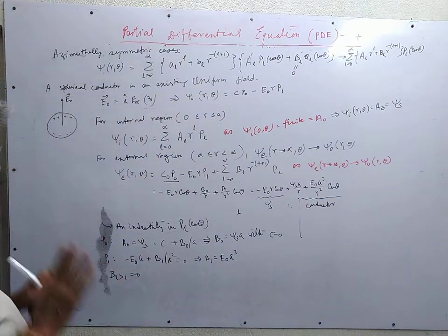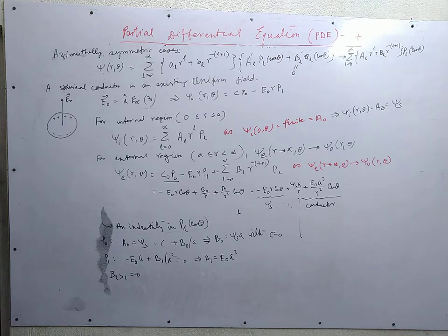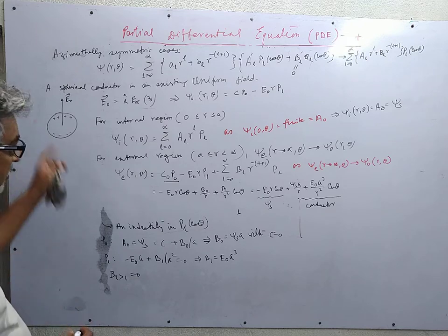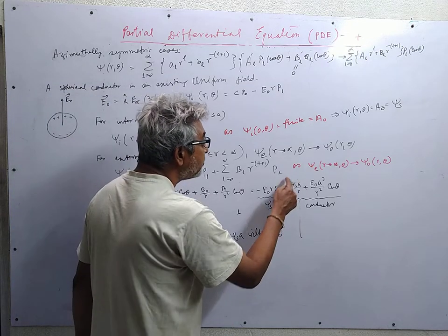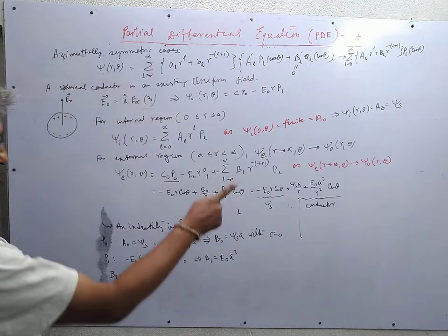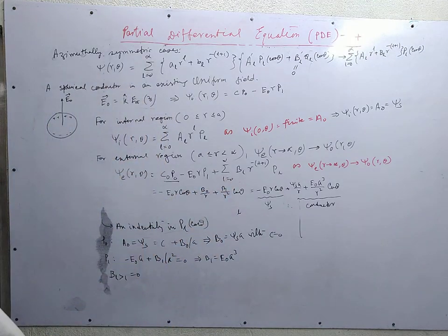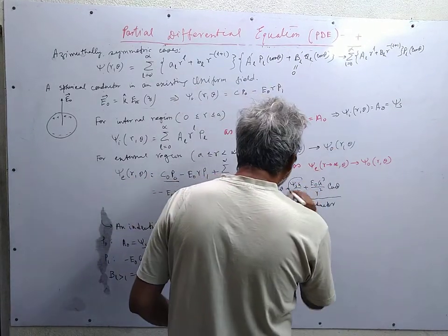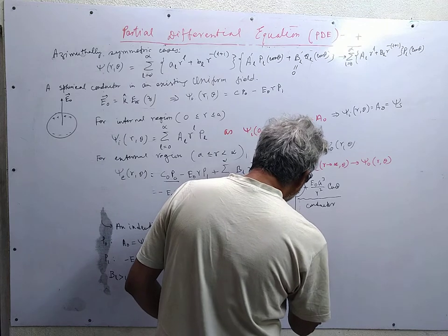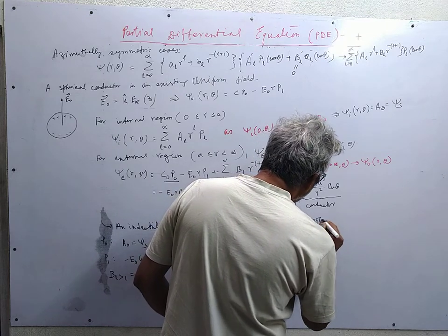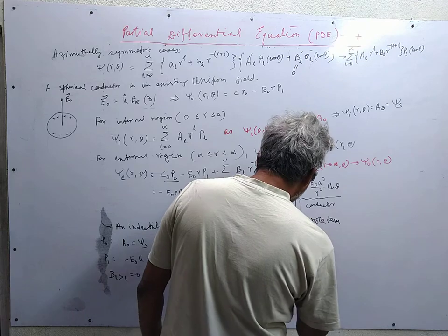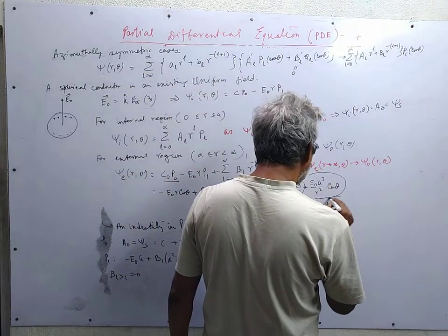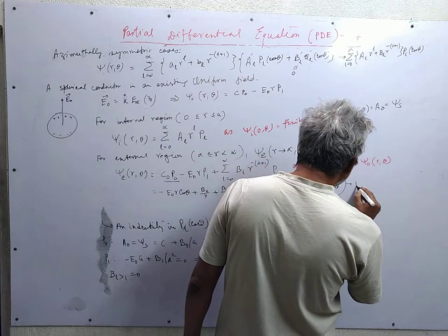If the conductor were grounded, then the potential on its surface would be 0 and there would be no monopole term. The only term is the dipole term. This is the potential due to the monopole term, which becomes 0 for a grounded conductor, and this is the potential for the induced dipole term.